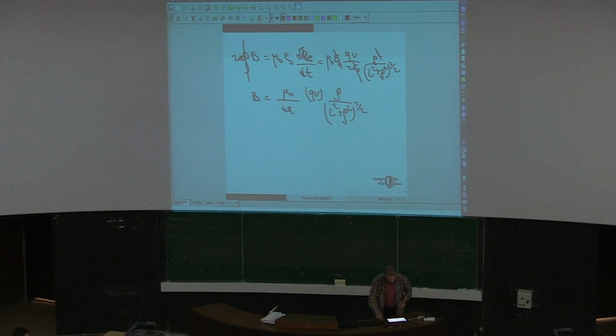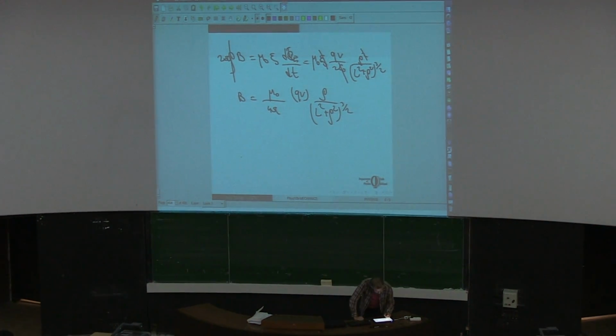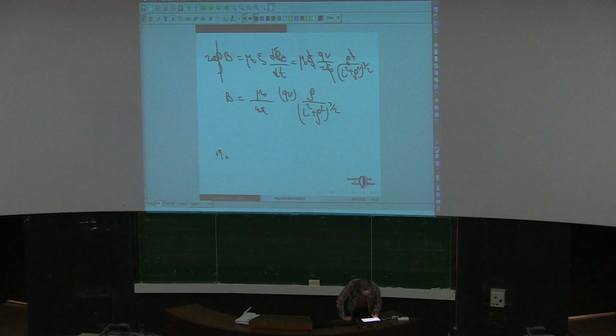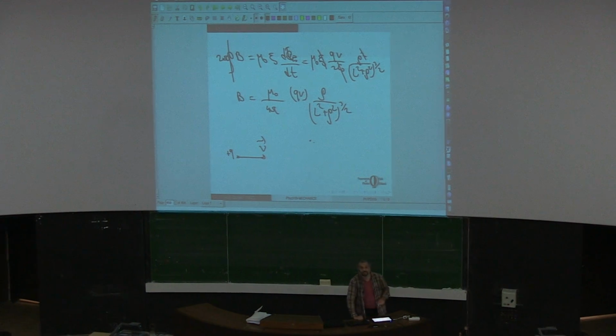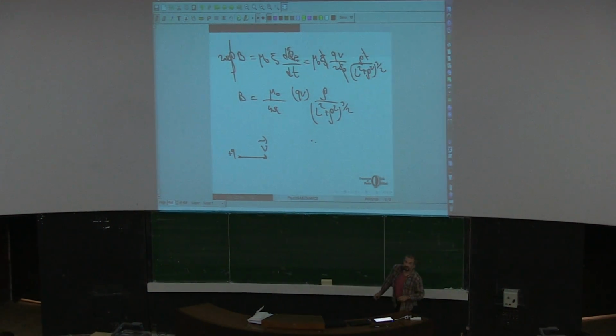Is it positive? It is positive, B is positive. So the initial choice of our loop tells us what the direction of the magnetic field is. So if we have this point charge moving in this direction, then at this point, remember we chose our loop direction to be, if you just look at it from this direction, counterclockwise.